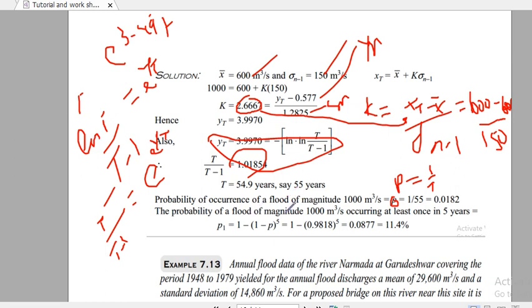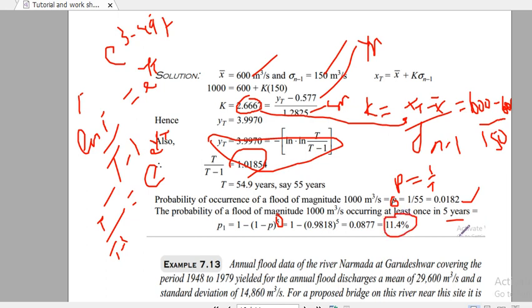Then the probability of this is p equal to 1 over 55, equal to this value, and also the probability of a flood magnitude of 1000 meter cube per second occurring at least once in 5 years, at least one. So p1 is equal to 1 minus p to the power of 5. It is the life of the project. Then we can get this value.